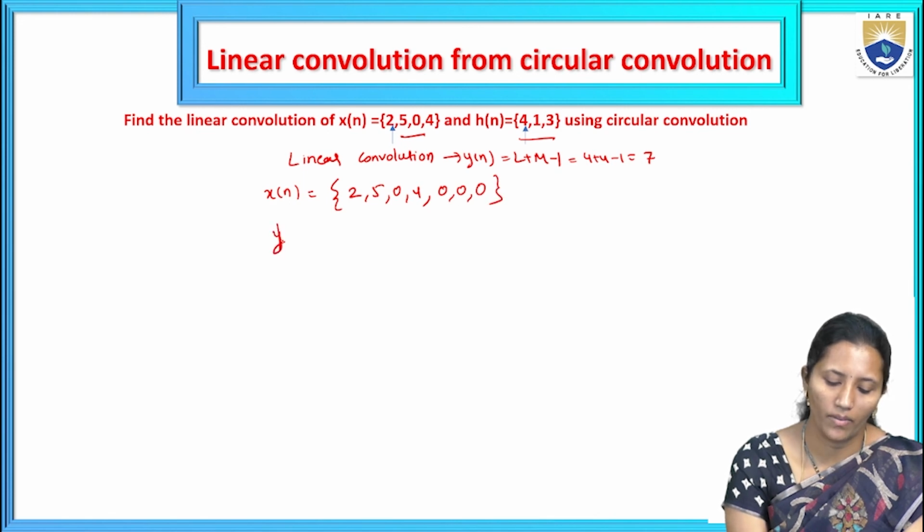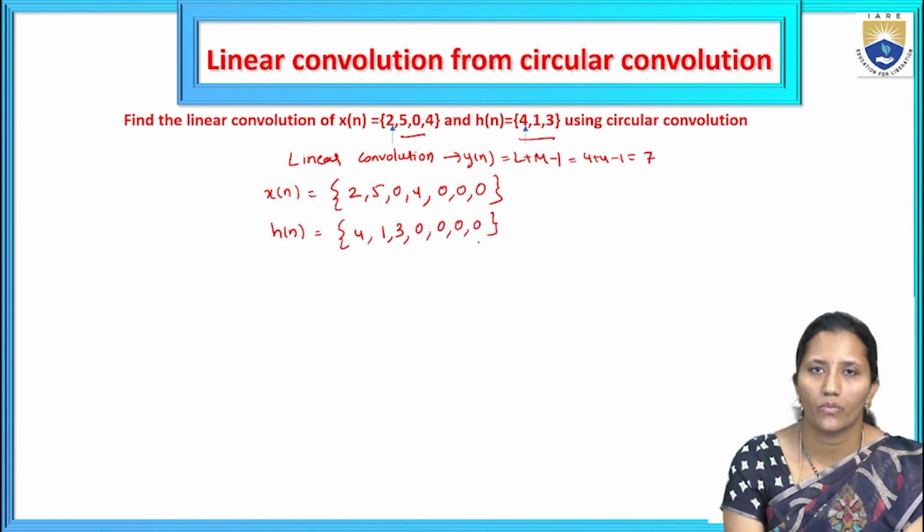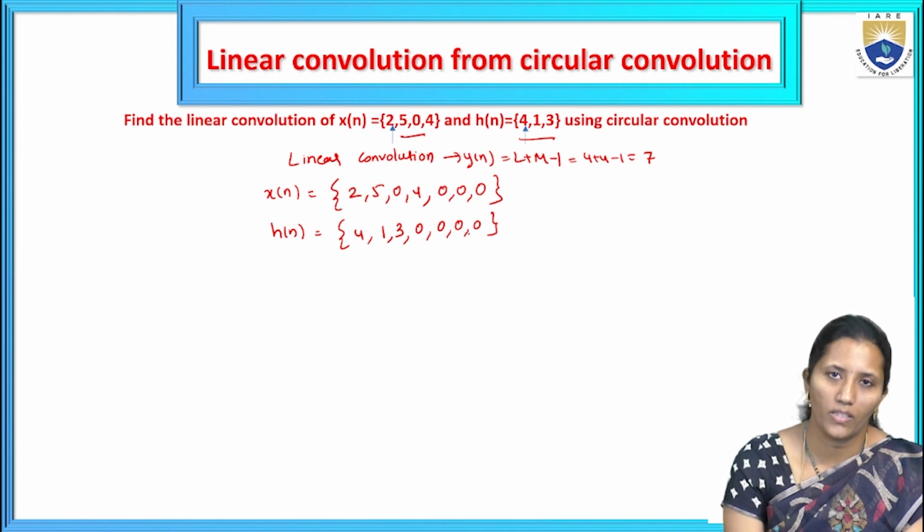By adding zeros we get the x of n value, and h of n is also 4, 1, 3, 0, 0. Here we have to add 3 zeros to make the length equal to the y of n. So zero padding.